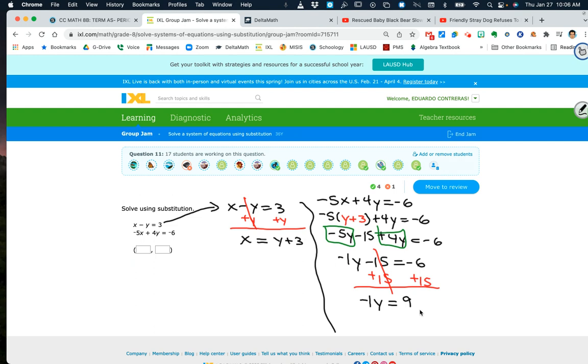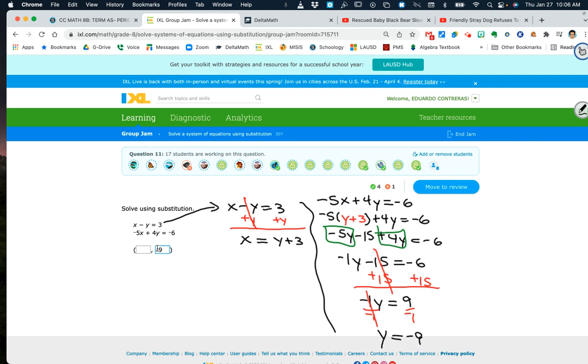Divide by negative 1. And y equals negative 9. So we got an answer for y. Negative 9. So now we just have to figure out what x is.